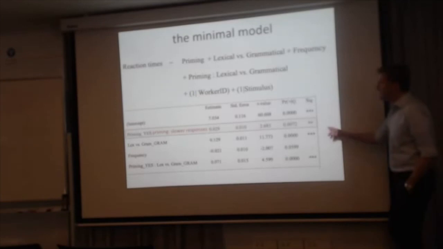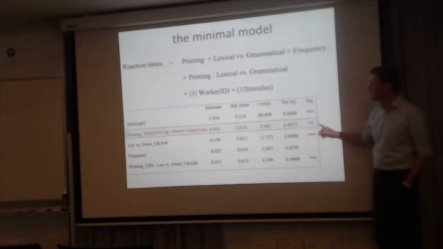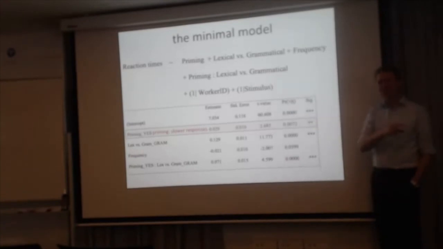So first result, there is an effect of the priming variable. However, primed elements are actually slower. So if our participants had seen keep before, the second time they were asked to process this, that came out a little slower than in the other condition. So that was the first surprise.